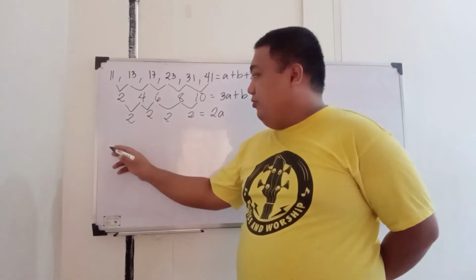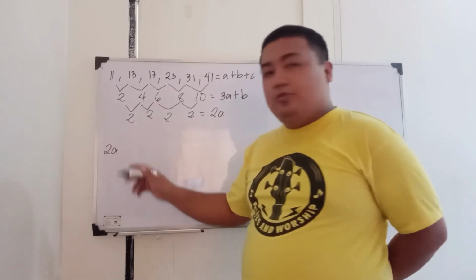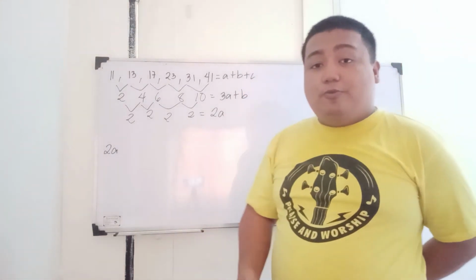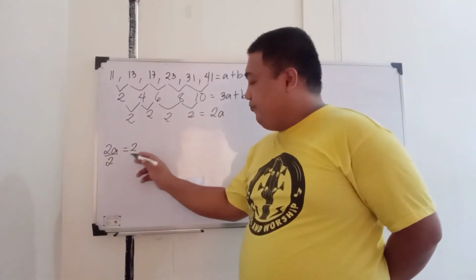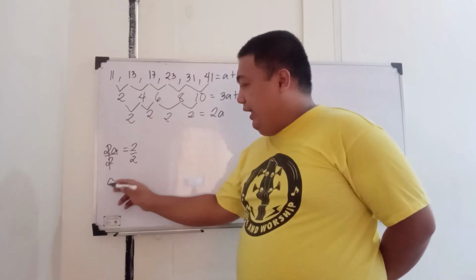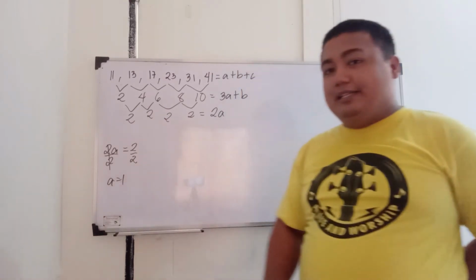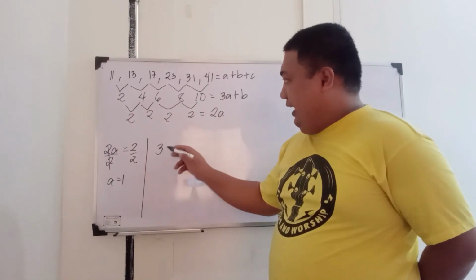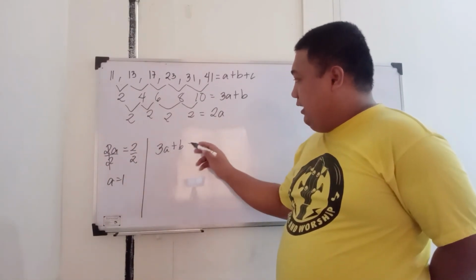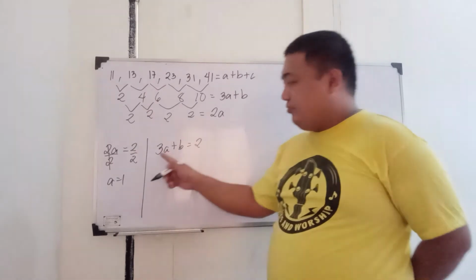So, start tayo sa 2 or sa value ng a. So, 2a is equal to 2. So, divide both sides by 2. So, a equals 1. Next, 3a plus b equals 2.